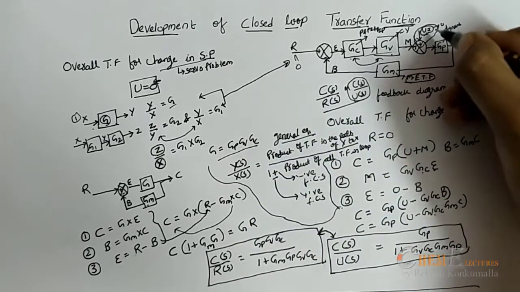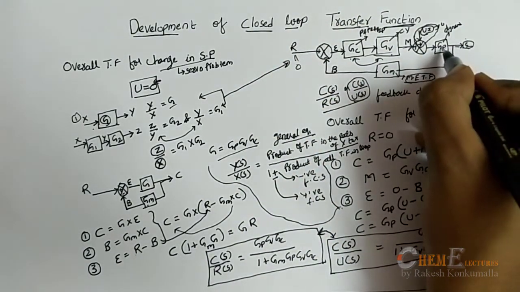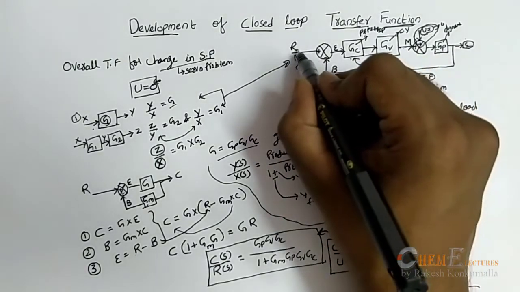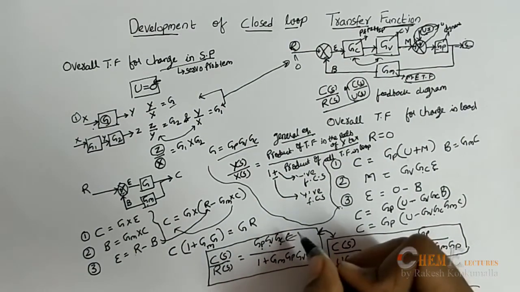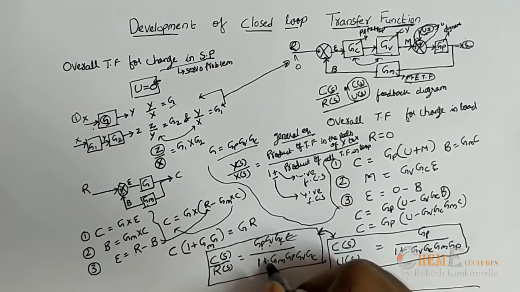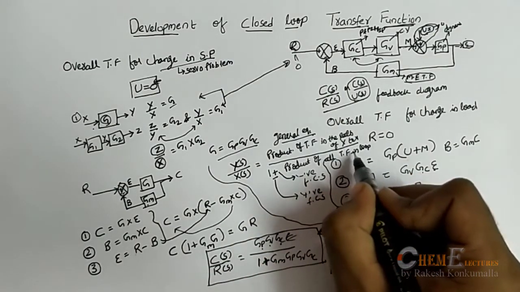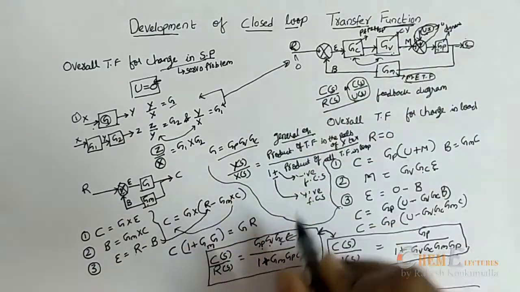From C to R, you are getting GP, GV, GC and the final R. That's what is in the numerator, GP, GV, GC, right? Then 1 plus, it is a negative feedback control, and the product of all transfer functions in the loop. There are 4 transfer functions, GC, GV, GP and GM. That's the product here.